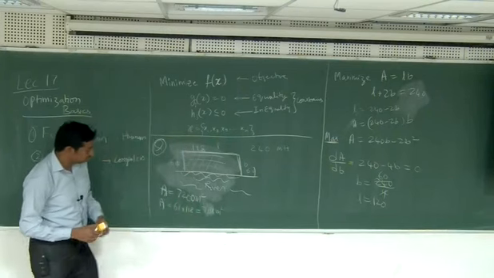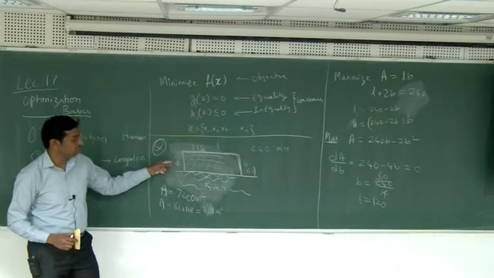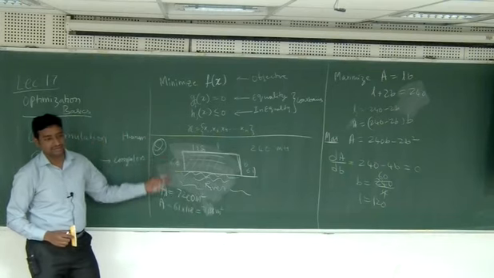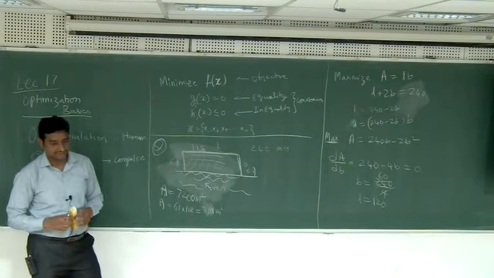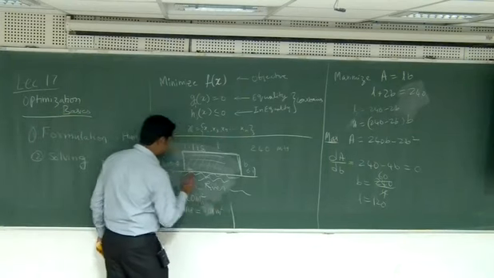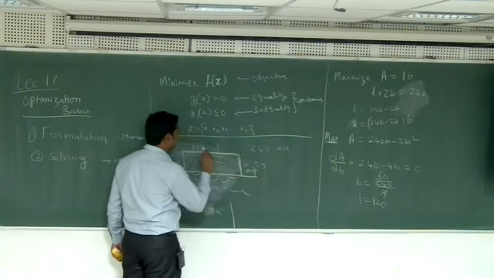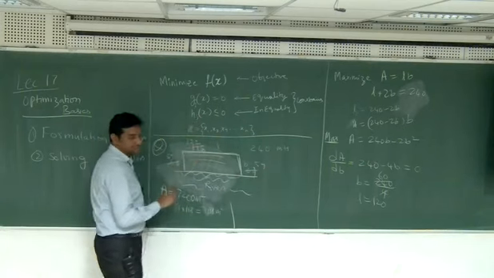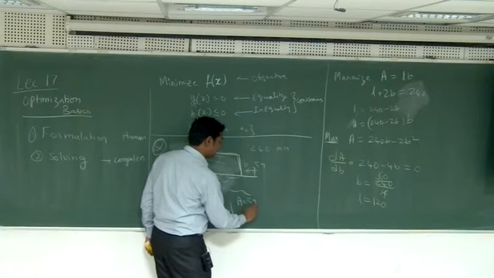So this is more, this is less. That means if I slightly increase the B, I am getting a lesser area. If I slightly reduce the B, so if I make this 59, this will become 59 and this will become 122. So what is the area now? 59 into 122.